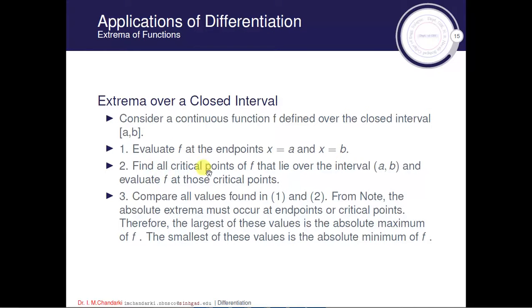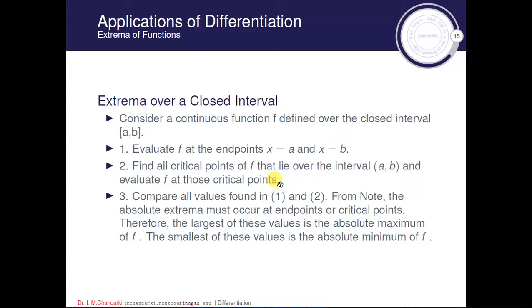Then find all critical points of f that lie over the interval AB and evaluate f at those critical points. Critical point means you find f dash of x and equate it to 0.